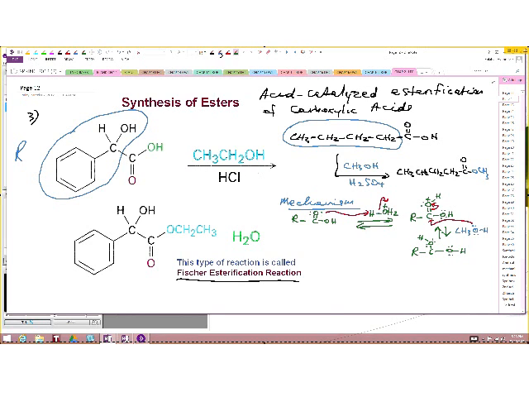So now we have this, which means this oxygen here is positively charged because it is using a pair of electrons to bond to the carbon.